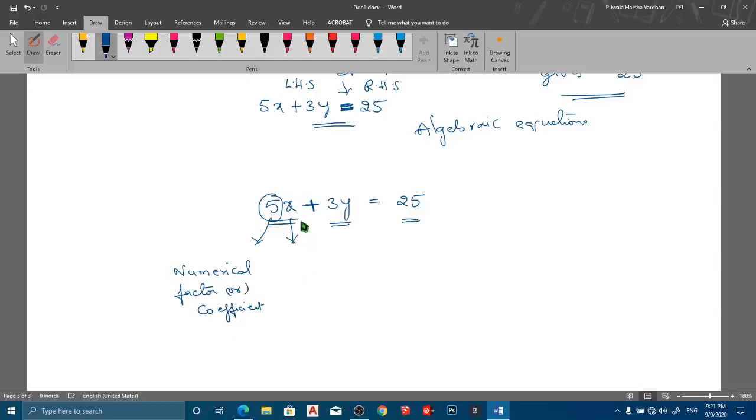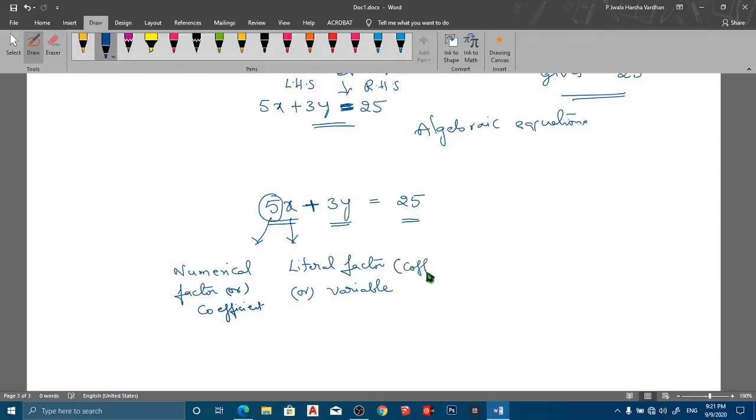The second number is called as the literal factor or variable. Literal factor or literal coefficient or variable. Three names are there. Okay, this x, y, these are all called as the literal factors or literal coefficients or variables also.